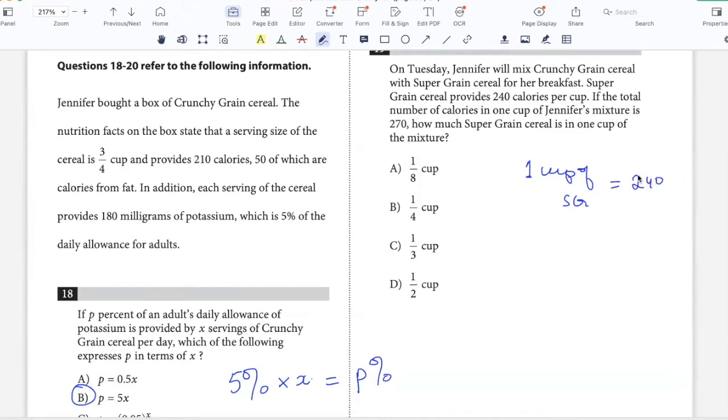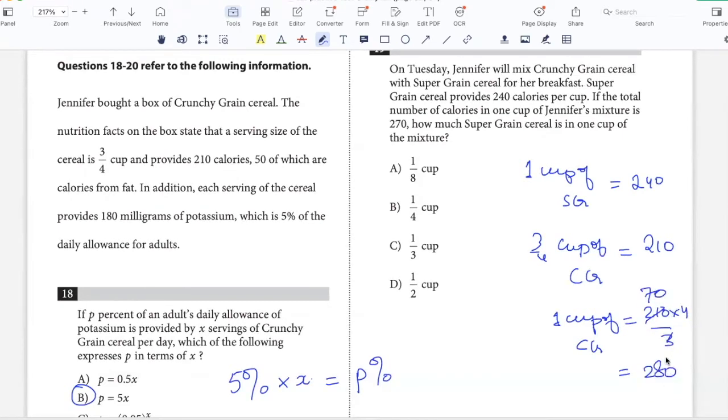And what about crunchy? 3/4 cup of crunchy grain provides 210. So 1 cup of crunchy grain provides 210 into 4 by 3. So that's 280, right?